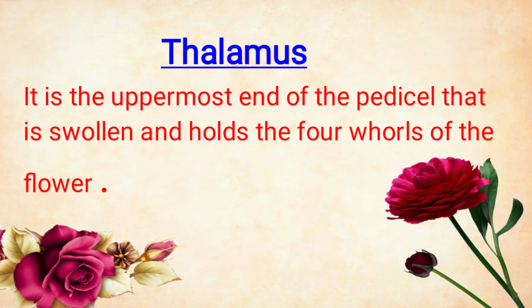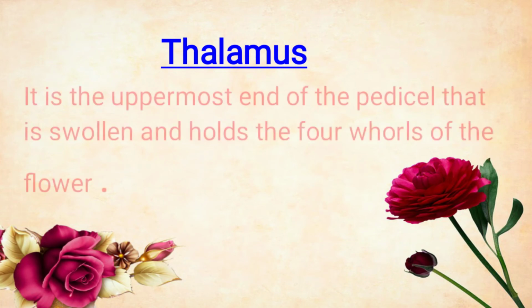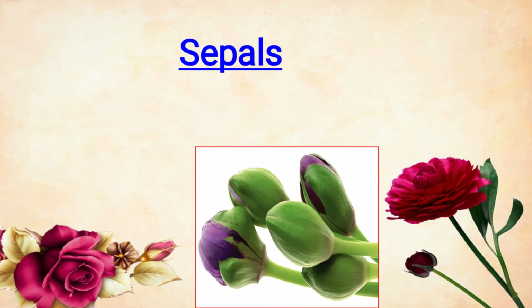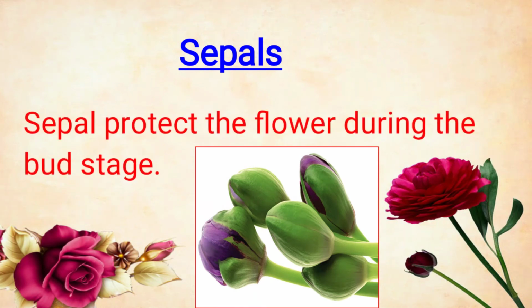And what is sepal? You can see in this picture there are so many buds. These buds are covered with a green leaf. These green leaves are known as sepals. And what is the duty of a sepal? Sepals protect the flower during the bud stage.